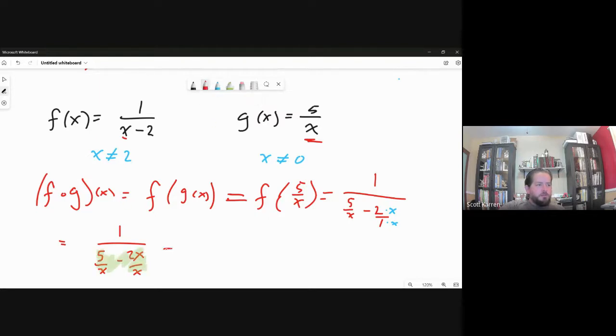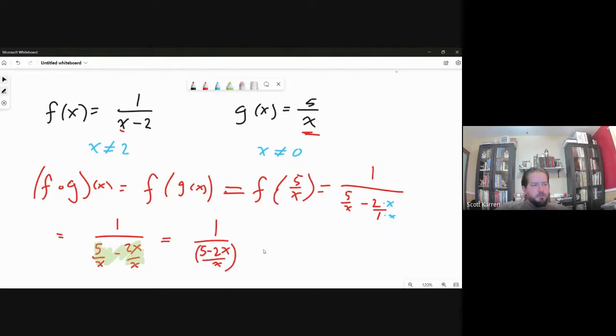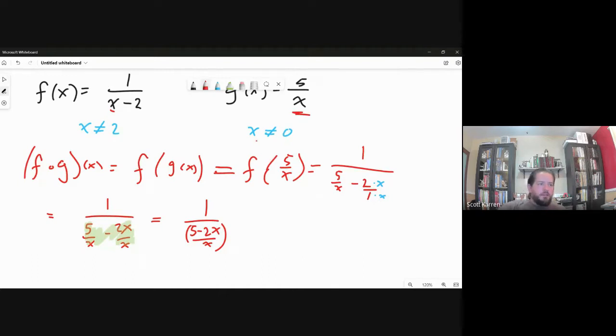So this becomes 1 over 5 minus 2x over x. But I've got this fraction in the denominator here. And I'll just flip this, and so this becomes then x over 5 minus 2x.